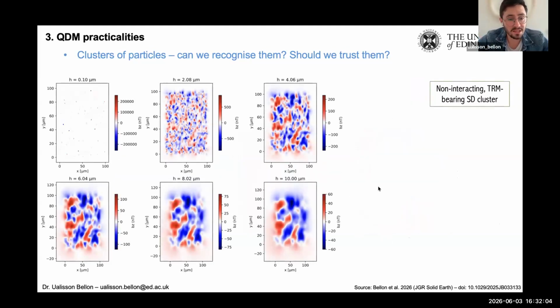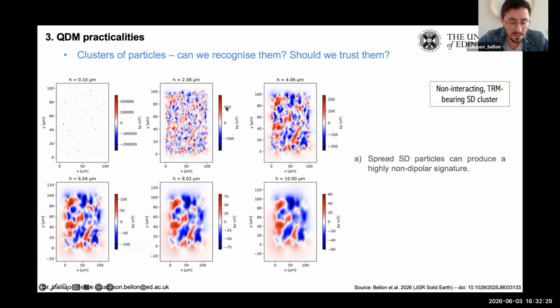And you can have the third case, in which you have a single domain cluster that has a TRM direction in it. When you're close enough, they all look like individual anomalies. But as you go far away from it, just 2.2 microns away, it looks very, very much non-dipolar, although it's coming from single domain particles.